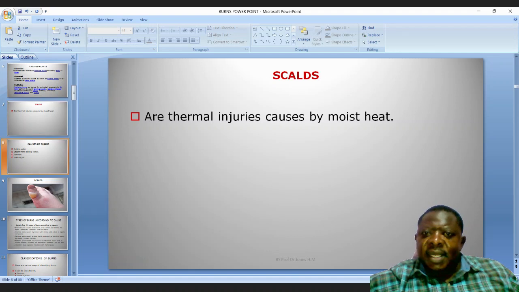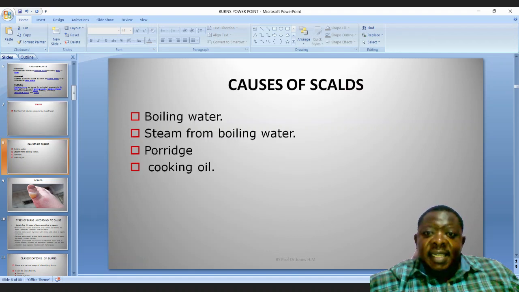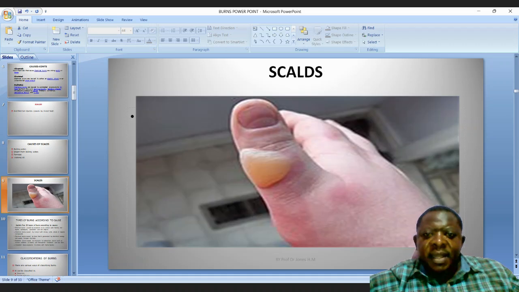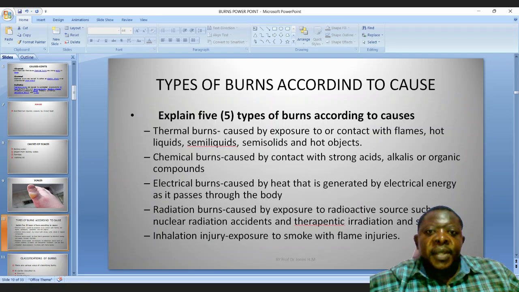The causes are boiling water, steam from boiling water, porridge, or cooking oil. This is an example of a scald. It may result from boiling water, porridge, and the like. So this is a burn injury known as a scald.